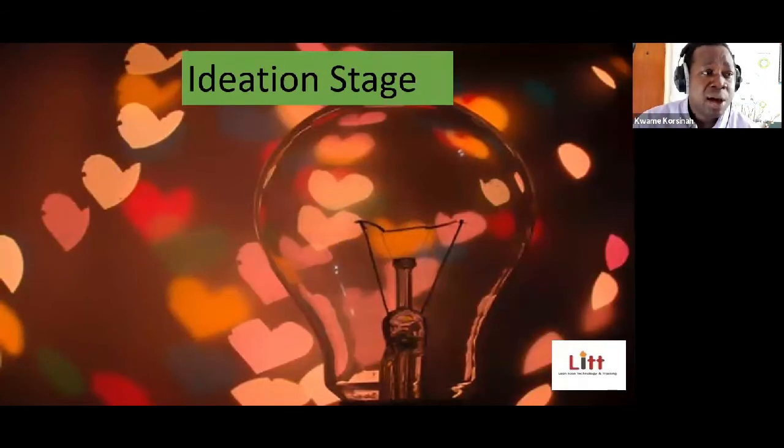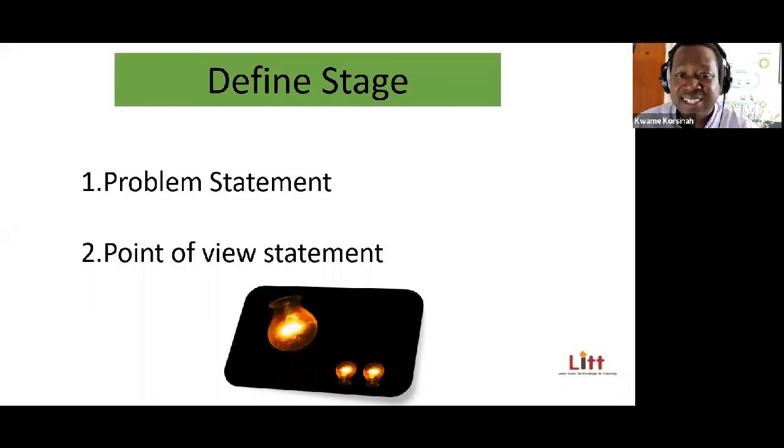So we are on the ideate stage. We are developing potential options for the point of view statement. We're spending time with our various stakeholders to understand the problem and develop options. What we need for the ideate stage is our problem statement and our point of view statement.